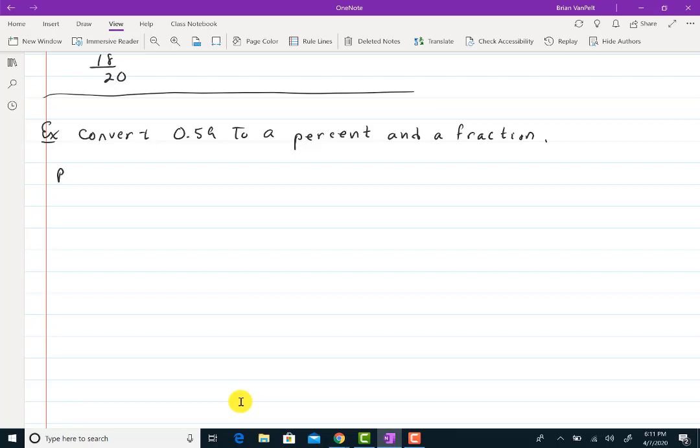So let's start with the percent. 0.59. To go from a percent to a decimal, we had to move to the left 2 places. So for this, to go the other direction, we're going to go to the right 2 places. And so I'll get 59%. So I just moved the decimal place to the right.